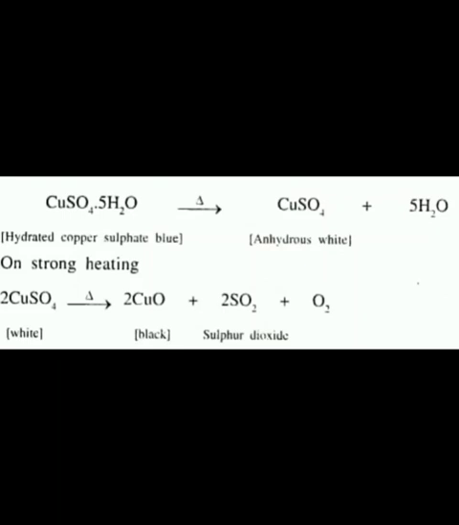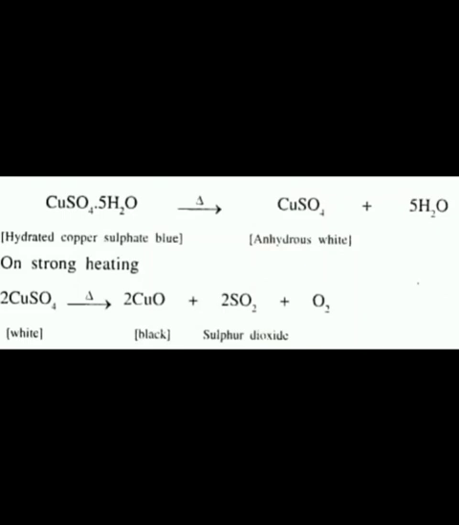This hydrated copper sulfate is blue in color. When it is decomposed, water vapor is separated and the anhydrous white copper sulfate is produced. But on strong heating, this anhydrous copper sulfate produces copper oxide plus sulfur dioxide plus oxygen gas.